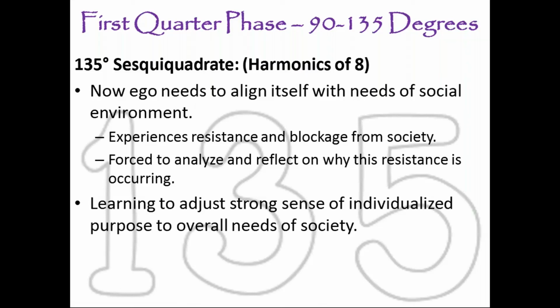And so relative to Mars and Pluto, it's going to reach this point where they can't manifest the desires. That natal Pluto by sign and house, it has resistance and blockage from society in manifesting the desires through that Mars signature by its own sign and house.